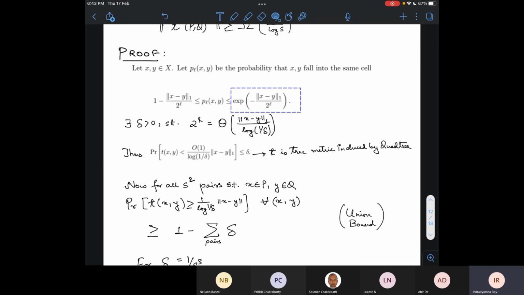And then in the RHS, they have this exponent term, e to the power minus x minus y by 2 to the power L. I'm not really sure how they came up with this. If x minus y is higher, then this goes down, so the probability of falling within the same cell goes down. But why this specific formulation, I am not really sure. Anybody has something to comment on this, please do so.